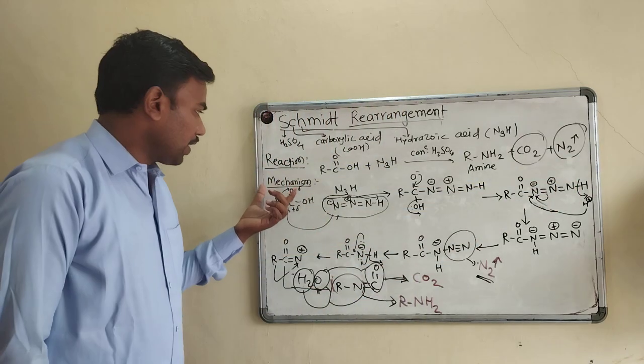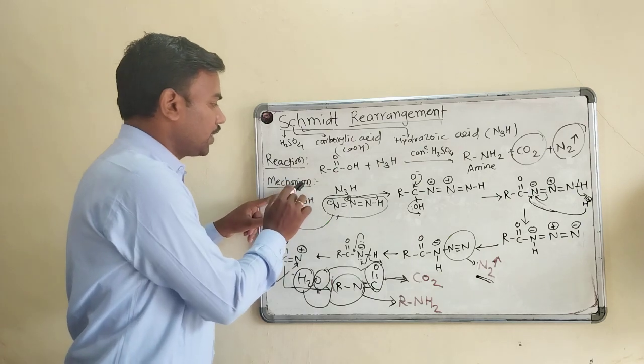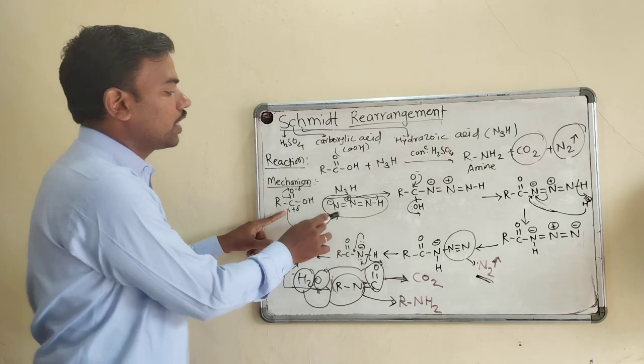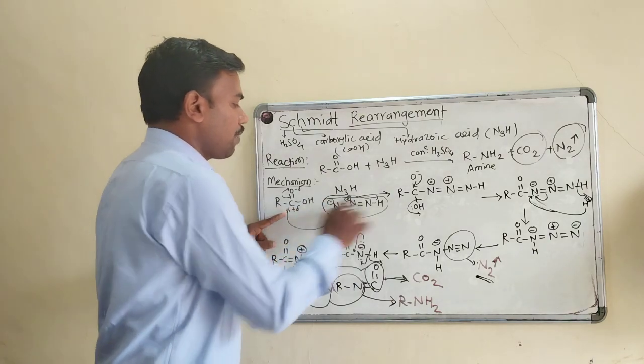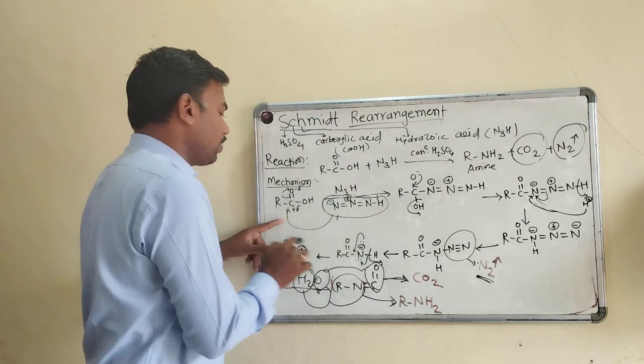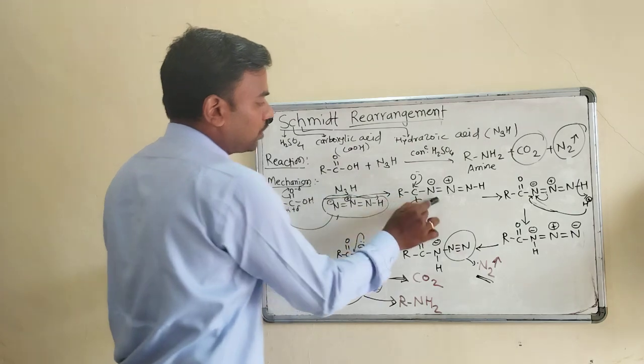So what is the mechanism? Due to electronegativity, oxygen possesses negative charge, carbon possesses positive charge. This is hydrazoic acid, which I have written in separate form, that is N3H. Negatively charged nitrogen will attract over this, so the hydrazoic acid is attached over this carbon.